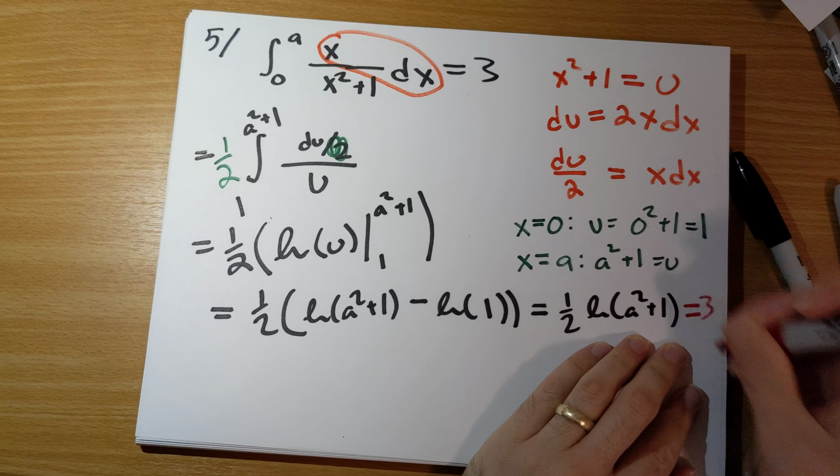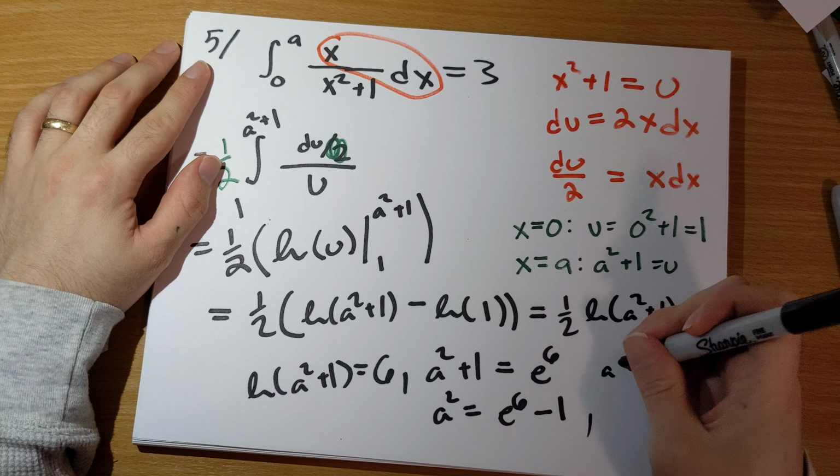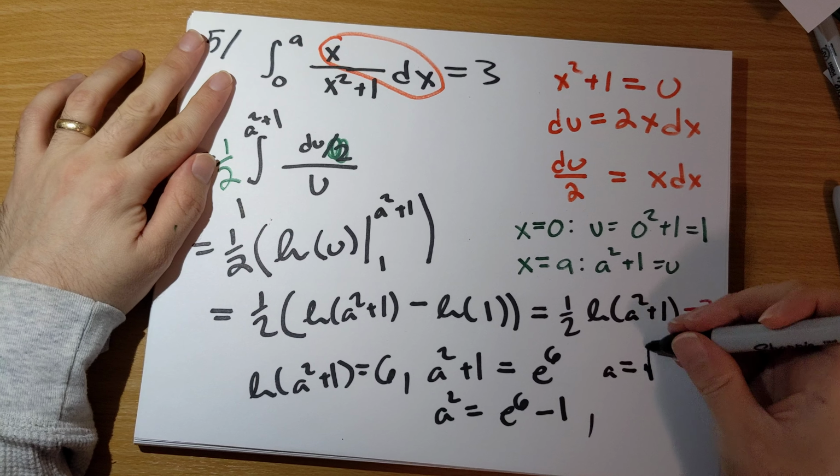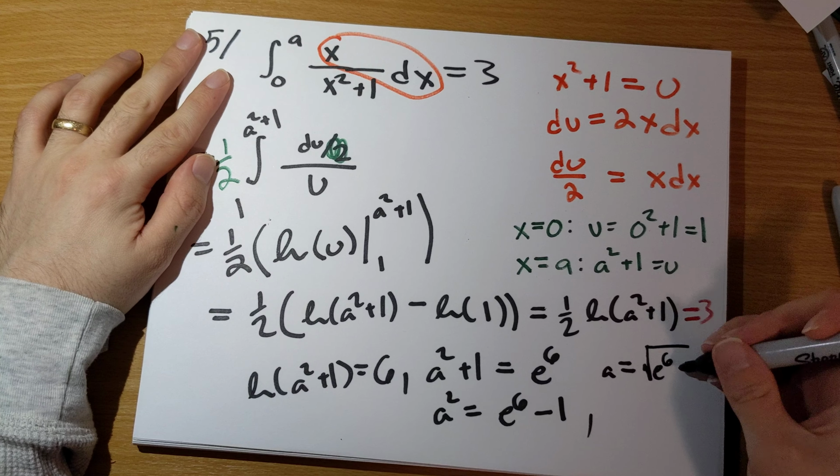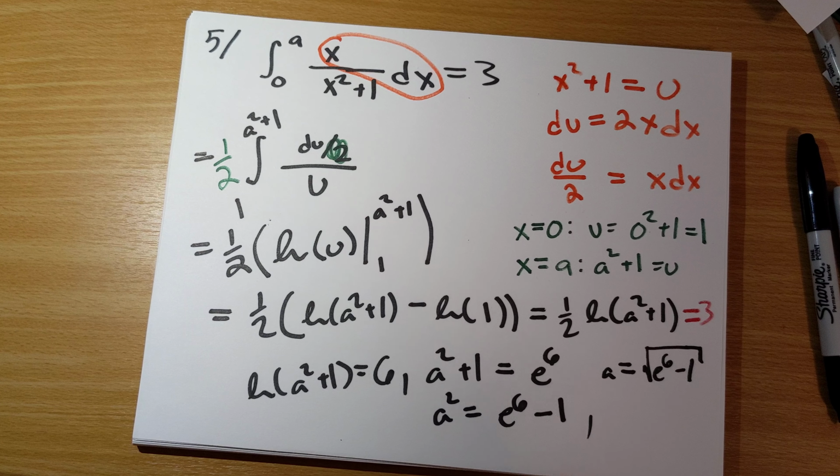Doing e to the both sides, a squared plus 1 needs to equal e to the 6. a squared is going to equal e to the 6 minus 1, and take the square root of that. a is equal to the square root of e to the 6 minus 1. We don't have to worry about plus or minus because the problem specifically asked us for a positive value of a.